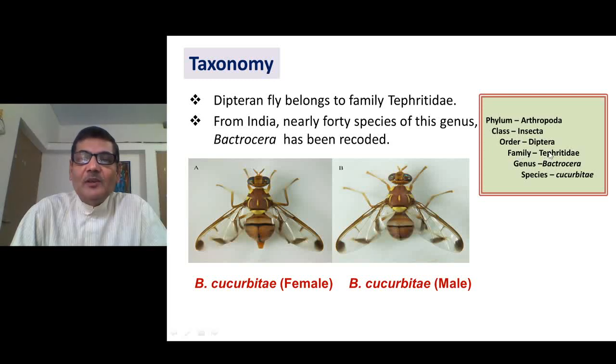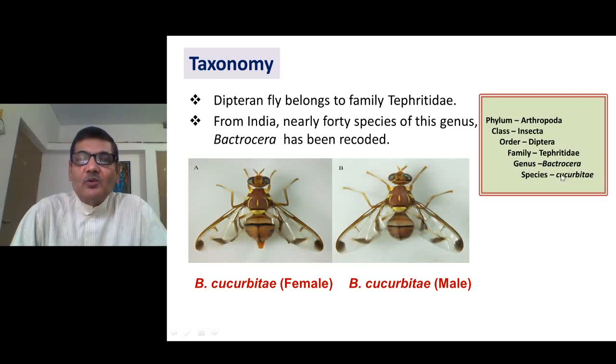And there is a family Tephritidae under which this genus Bactrocera comes, and there are more than 40 different species of insects which come under family Tephritidae. Bactrocera is one of them, and the species which is melon fruit fly is cucurbitae.